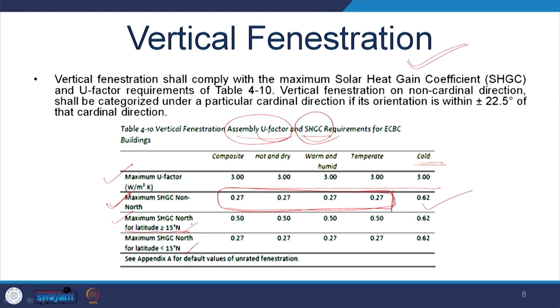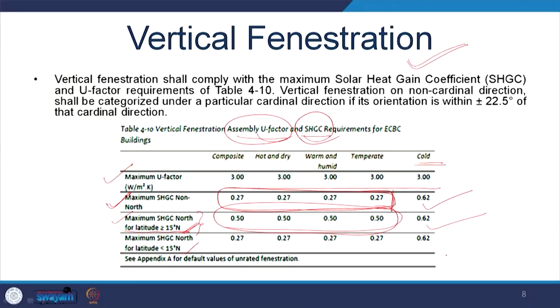If we look at the SHGC for the north facing windows for latitude greater than or equal to 15 degree north, we see that higher SHGC values have been prescribed because all the places with latitude greater than or equal to 15 degree north will not receive any direct solar radiation from the north, and hence there is no requirement to keep the SHGC low. However, for cold we still are keeping it very high.